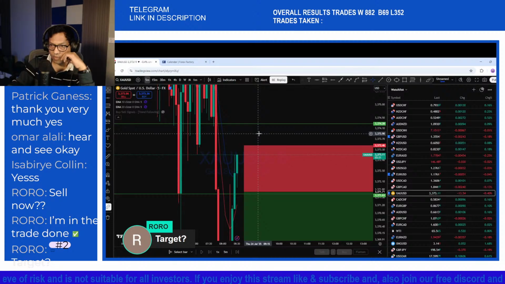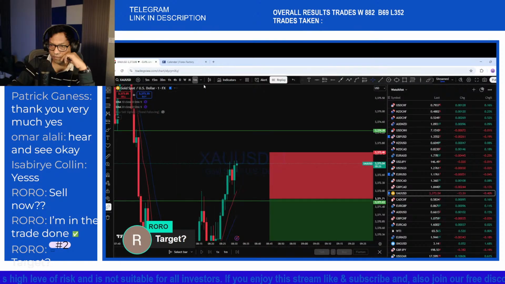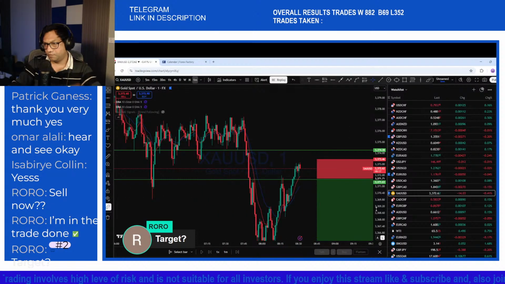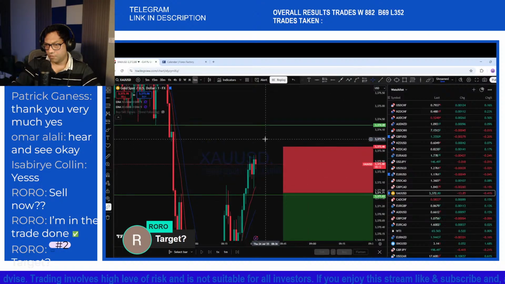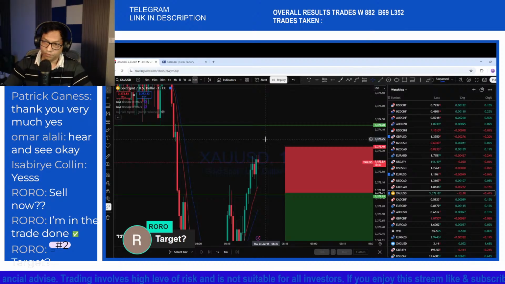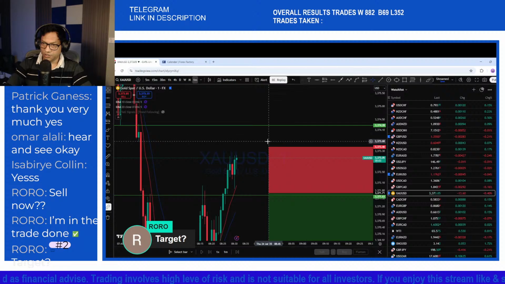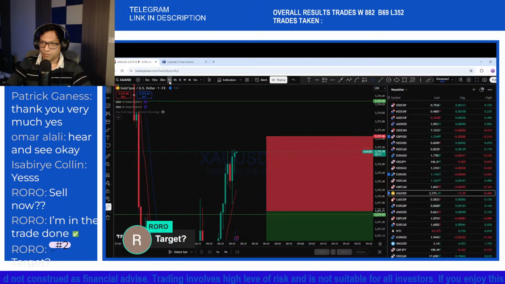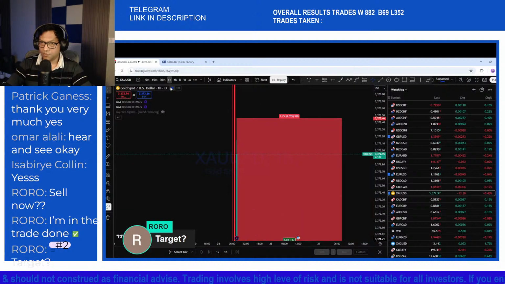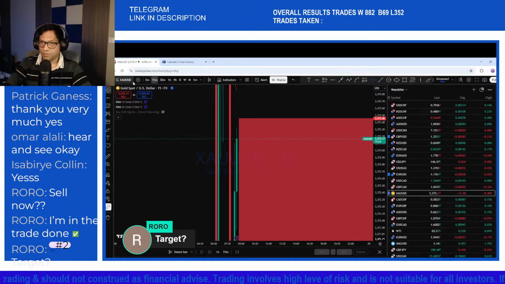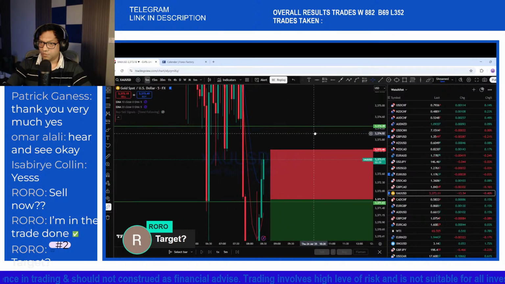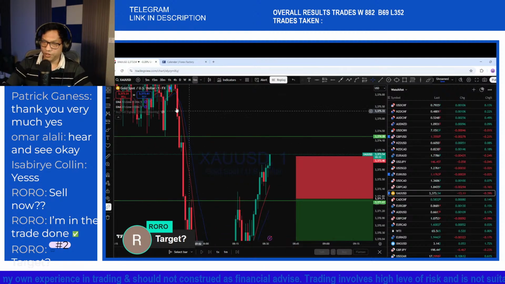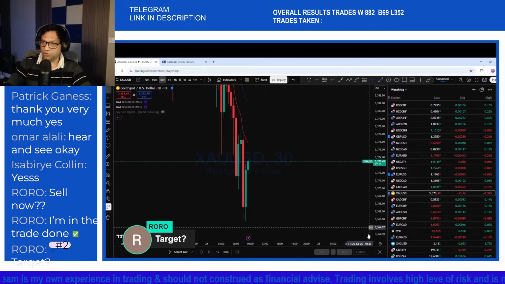So, another 1 minute doji most likely, and from this doji area you see a very unusual move here, and we may see that continuation.